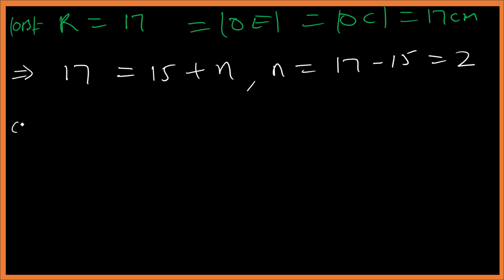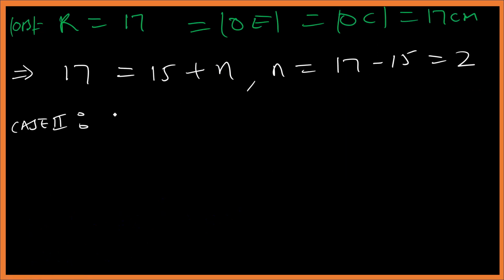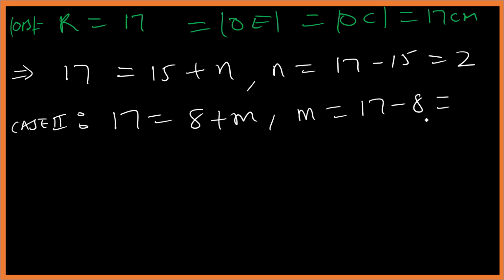So case 2, we have 8 plus M. So 17 is equal to 8 plus M. So my M will be 17 minus 8. That will be 9. As simple as that.